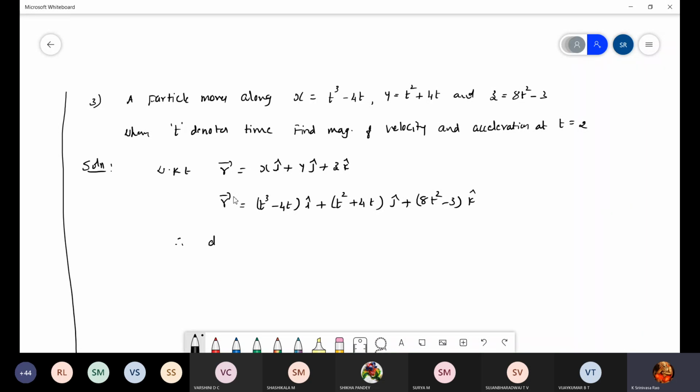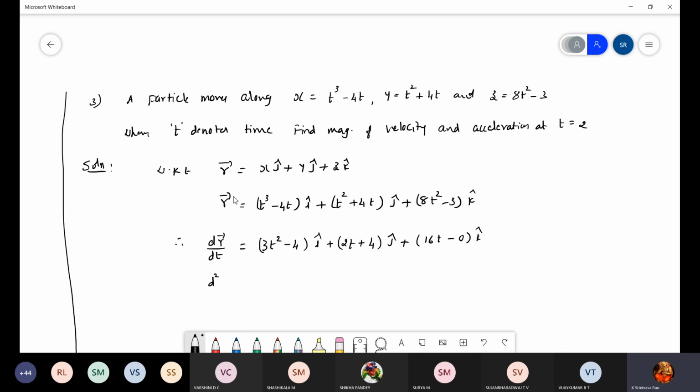Therefore, what is its differentiation? dr by dt: you will get (3t square minus 4) i cap plus (2t plus 4) j cap plus 16t k cap, since the derivative of 8t square is 16t and the constant gives 0. This is dr by dt.